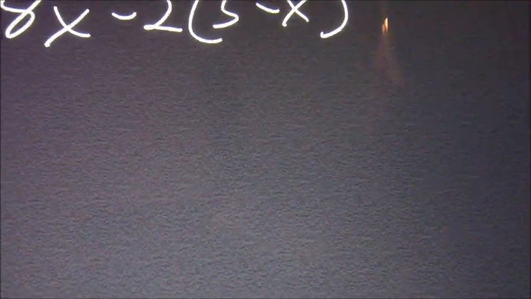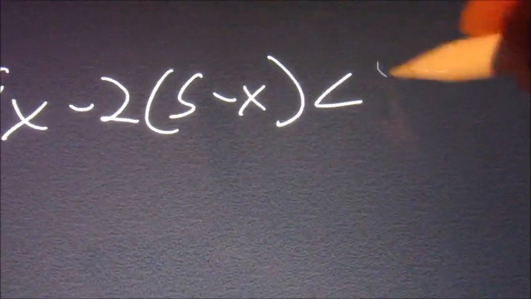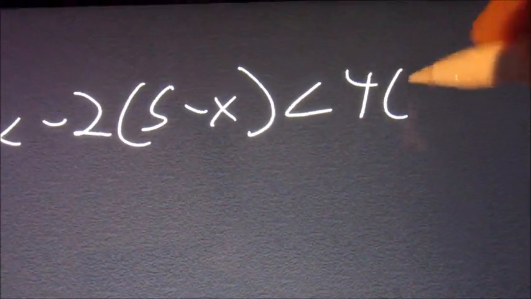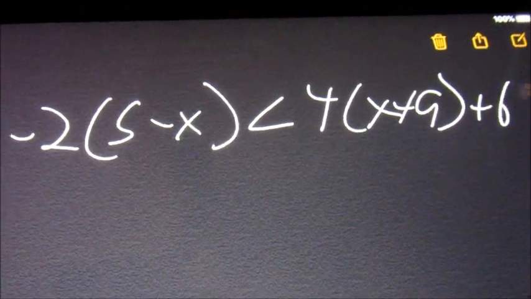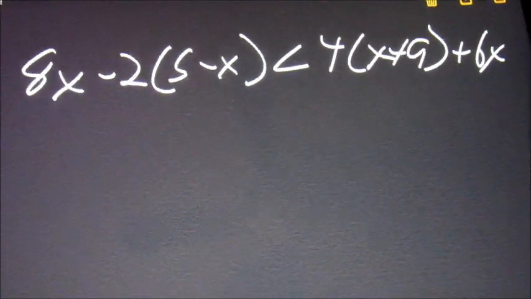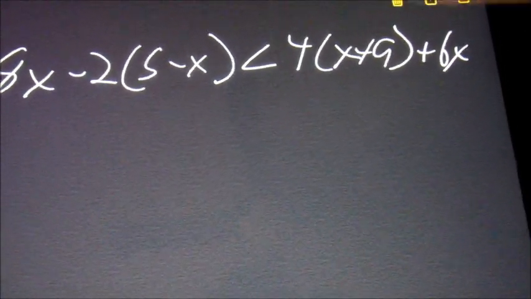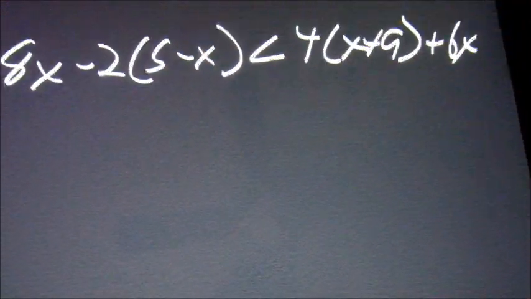Now let's say that we have 8x minus 2 times the quantity 5 minus x, less than 4 times the quantity x plus 9, plus 6x. So we're going to do this just like we did the equations, in the same order. We don't have any exponents, and we can't really do anything inside the parentheses.